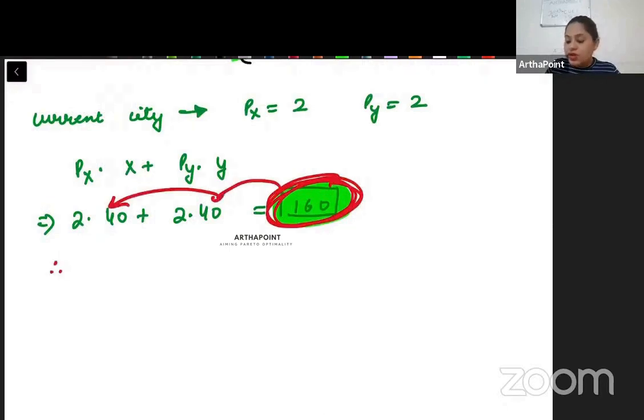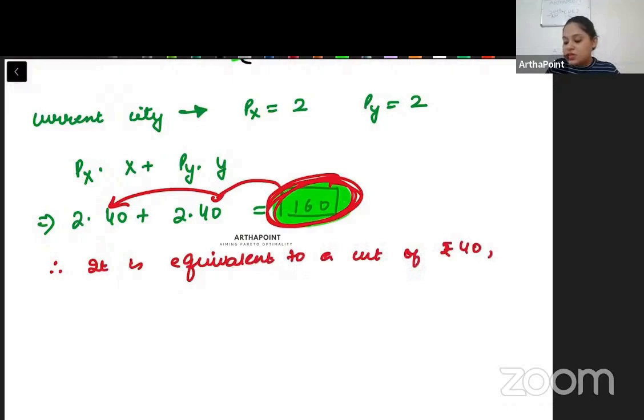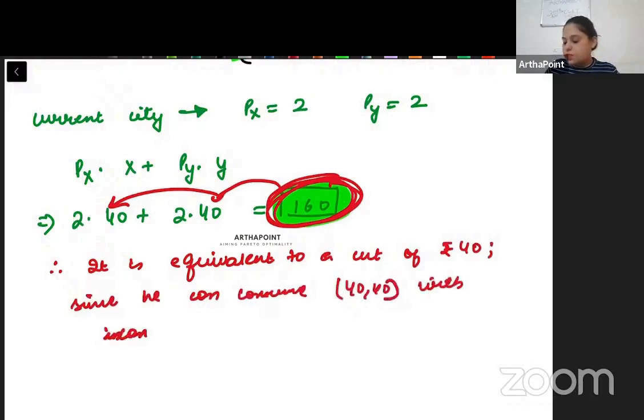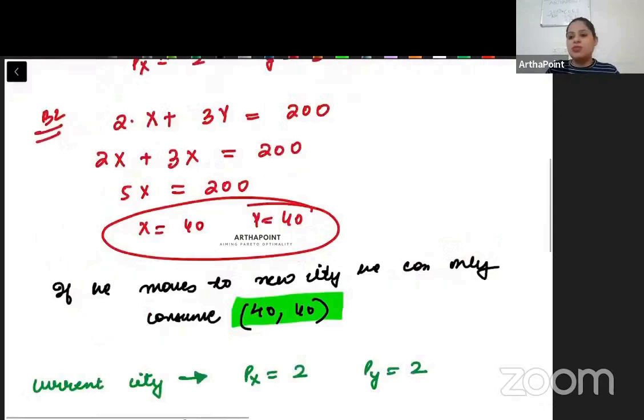So therefore, it is equivalent to a cut of rupees 40, since he can consume that with an income of 160. He does not need 200.